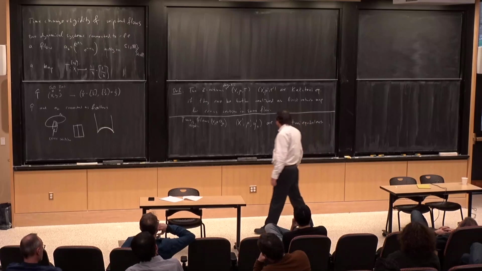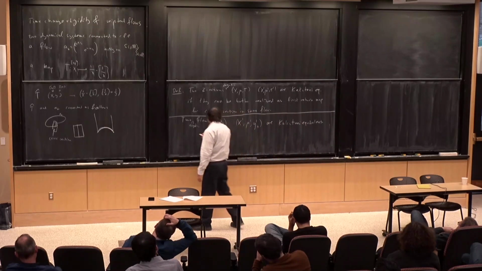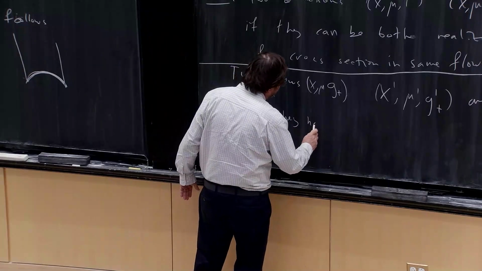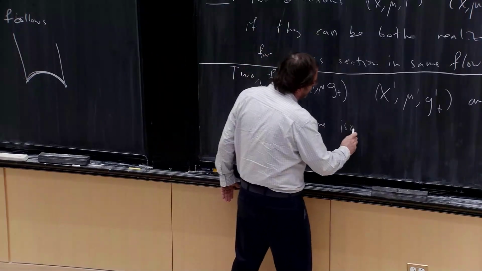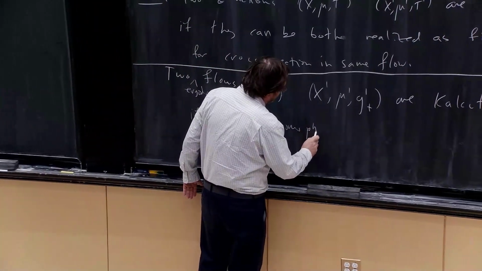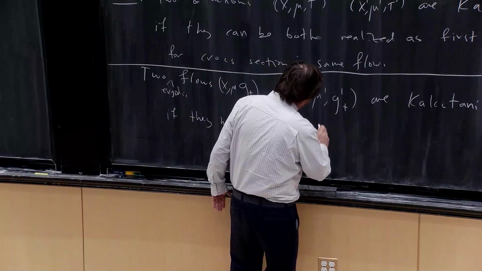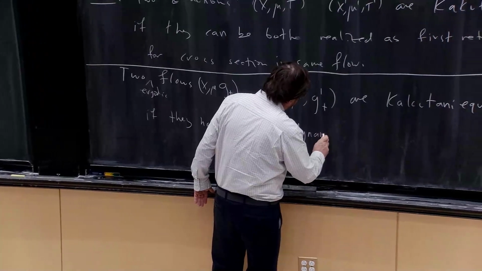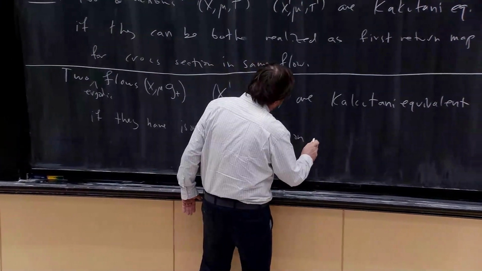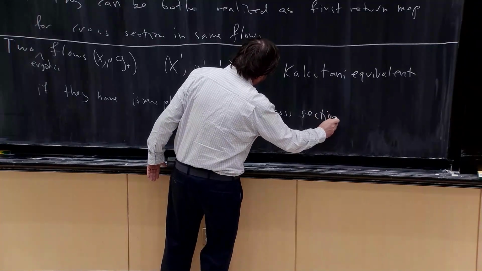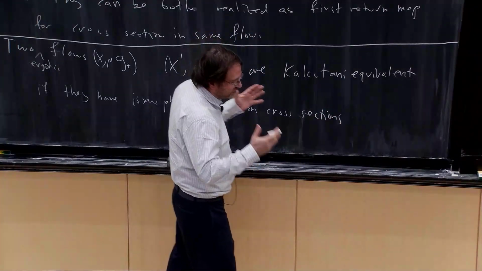So two ergodic flows are Kakutani equivalent if they have isomorphic sections. So isomorphic dynamics and cross sections. So basically, I have two systems.